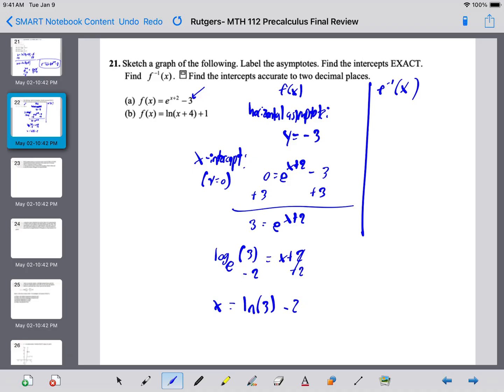This is the exact answer. Or if you wanted to show the intercept accurate to 2 decimal places, that's going to be negative 0.9013877113, which is approximately negative 0.90.